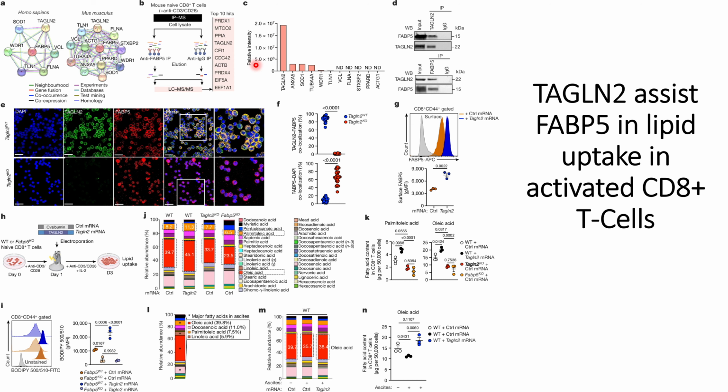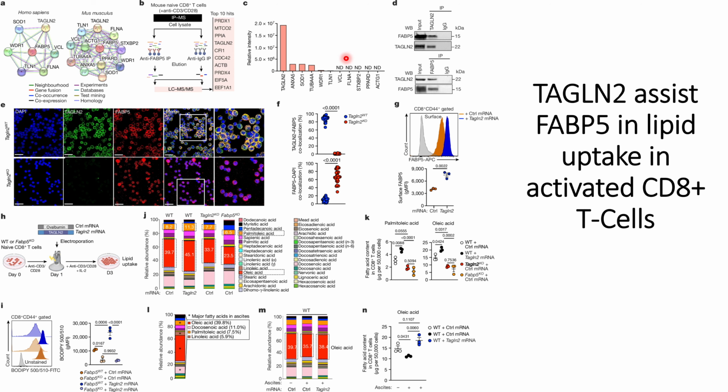This indicates that there is some interaction between TAGLN2 and FABP5, and the hypothesis they made is that TAGLN2 helps FABP5 protein be expressed on the cell surface, and helps in the transport of FABP5 proteins from the nucleus to the cell surface. This is the hypothesis they made so far.